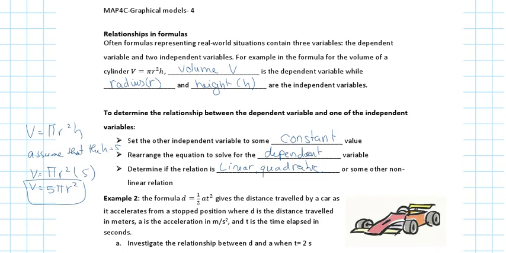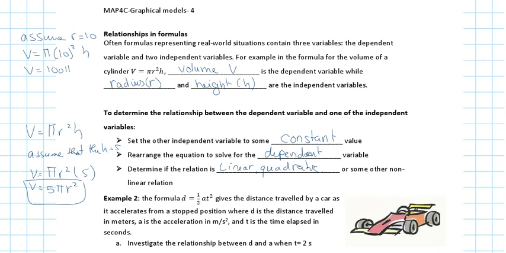Now, what if we chose the radius to be constant? Okay, give me a value for the radius. Assume the radius is 10. Okay, so that's going to be volume equals pi 10 squared h. So that's going to be volume equals 100 pi h.